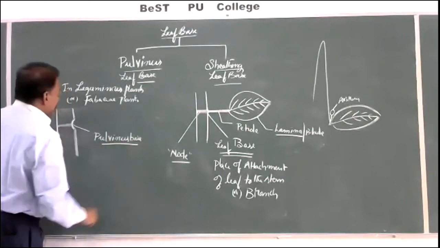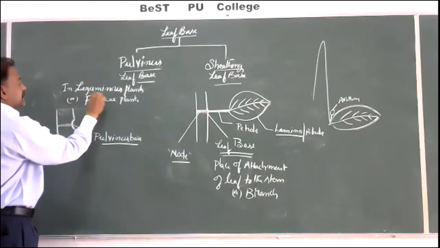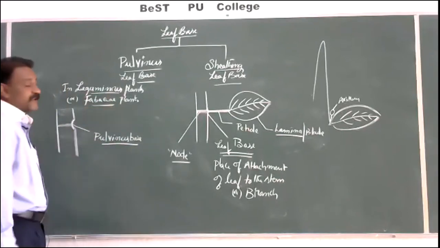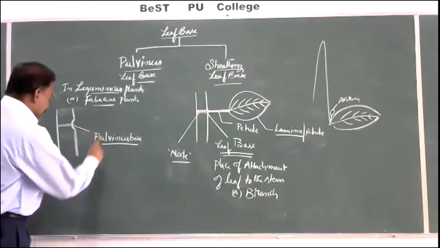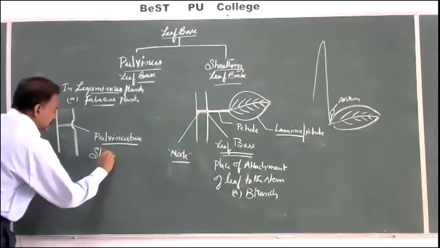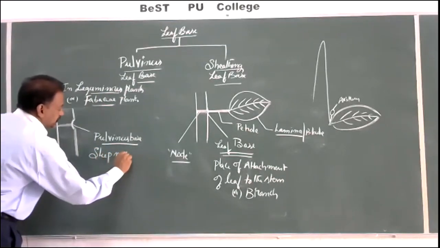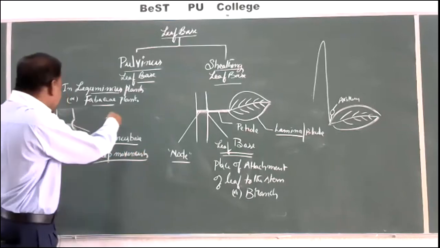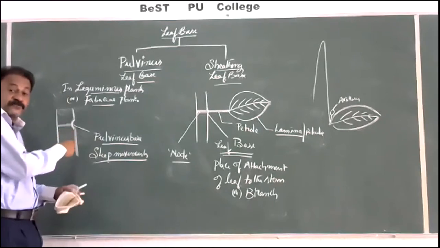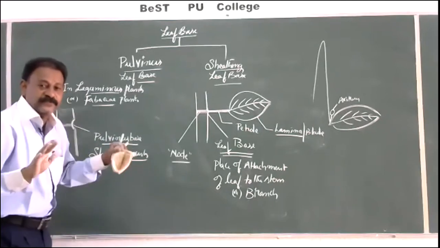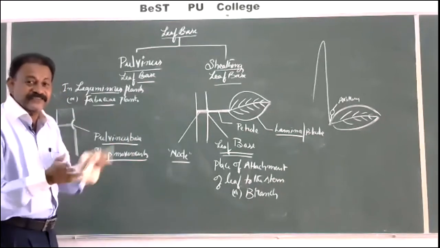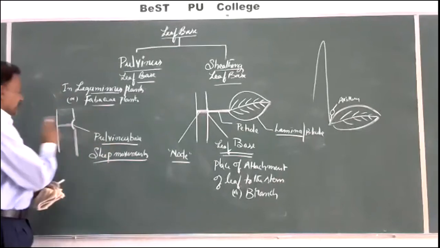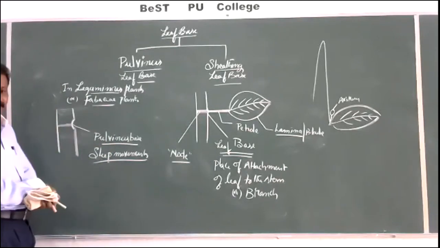This pulvinous base is a characteristic feature of leguminaceae or fabaceae plants, which is responsible for sleep movements. Such leaves are able to shed their leaves during summer season to escape from transpiration. They don't want to lose their water.